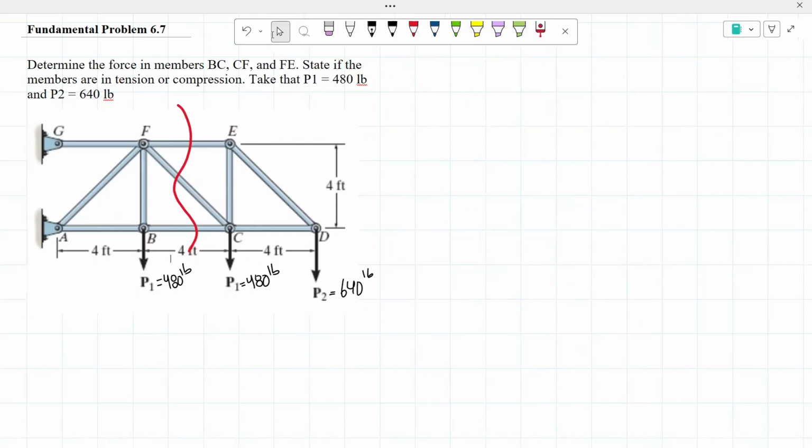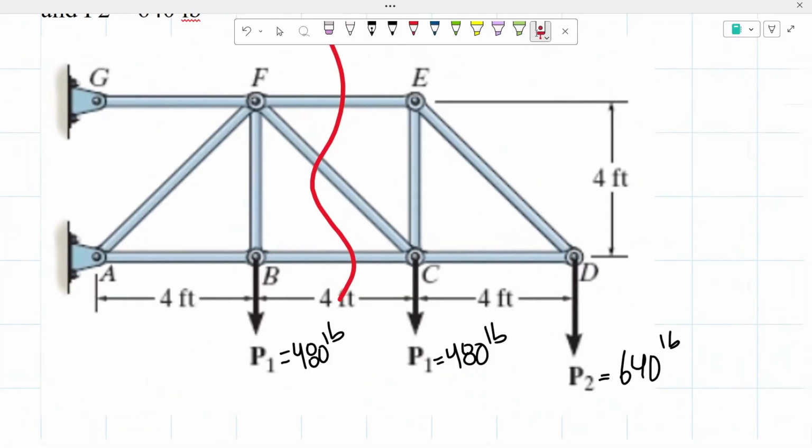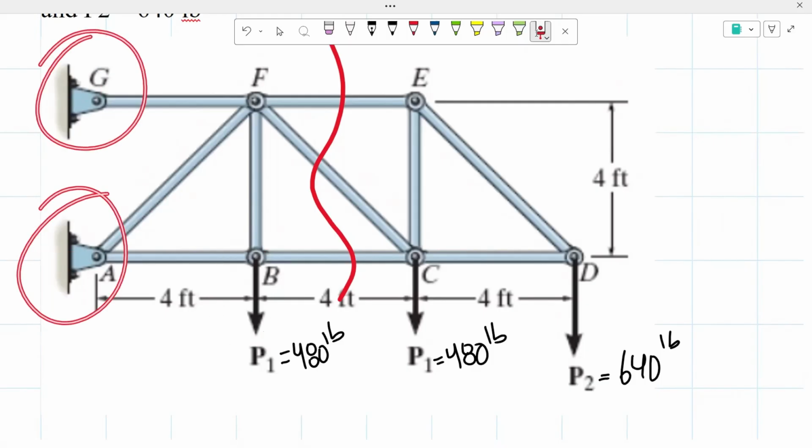If I take the left side, I would be dealing with the force P1, but also my two pin supports, meaning I would have to determine their reactions. So here we would have 4 reactions plus the force.